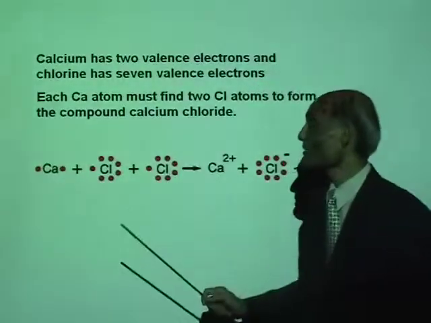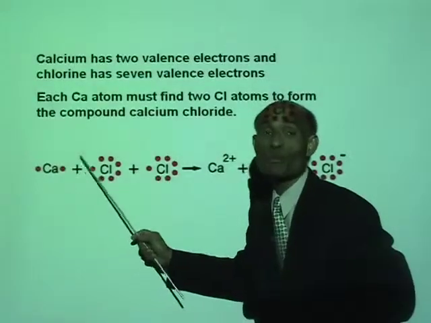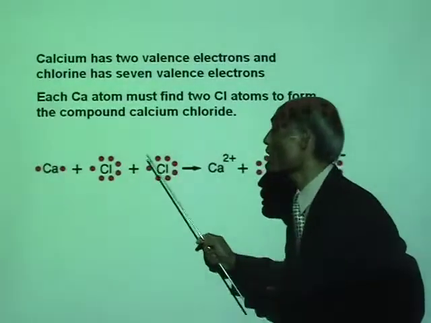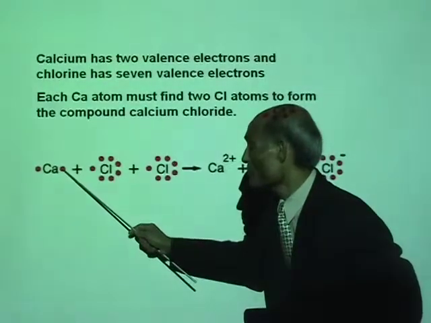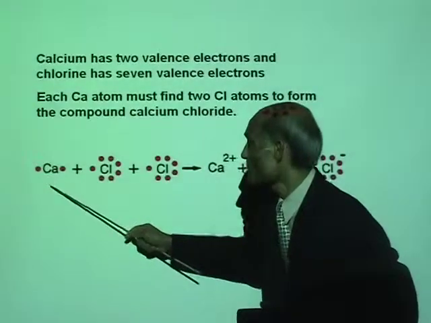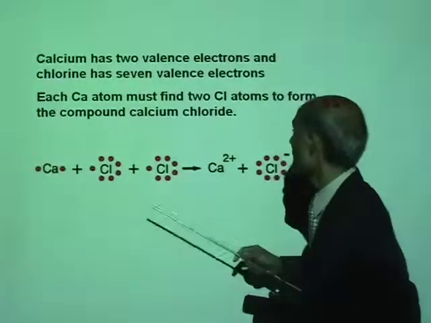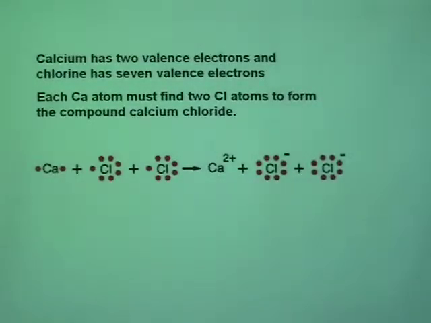Now look at the diagram for this. This calcium atom now makes an arrangement with 2 chlorine atoms. This electron now is donated here, and this electron is donated here, so let me go and draw these arrows on the whiteboard. So what is calcium going to do?